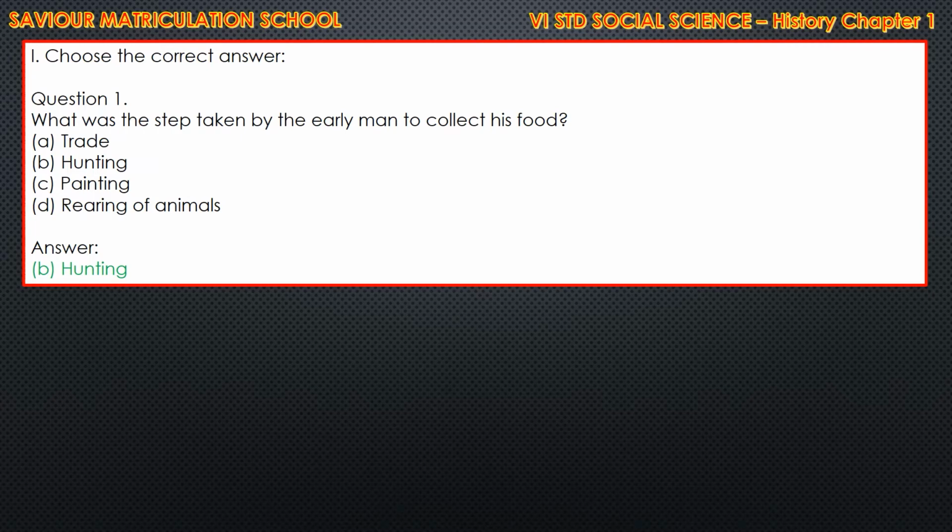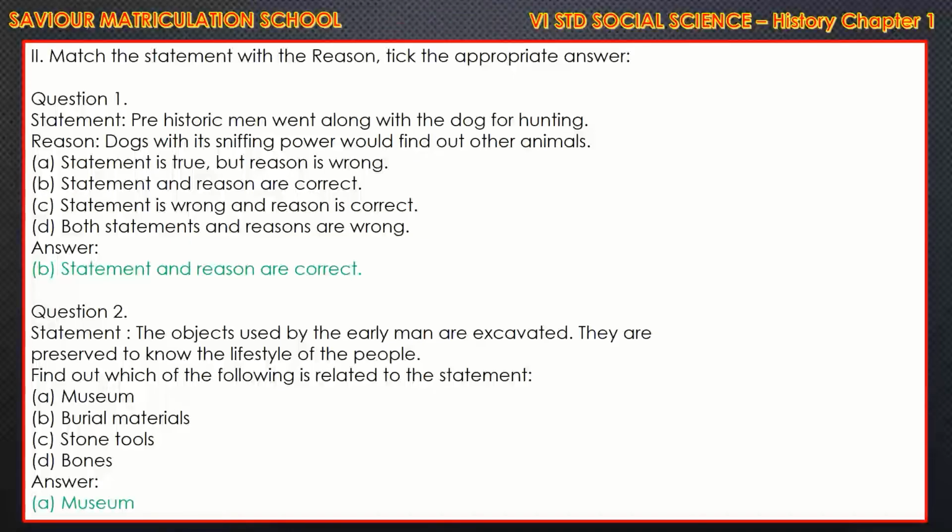Match the statement with the reason, tick the appropriate answer. In this, they gave you the statement as well as the reason for that. So, you have to read out the statement and the reasons carefully and answer which option is correct.